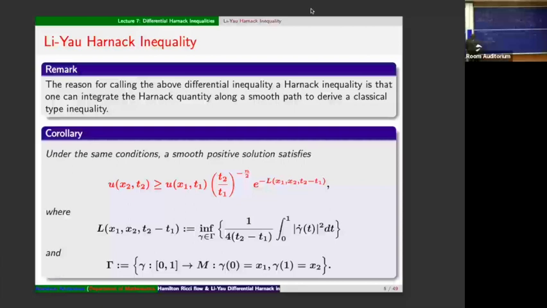So this is the fundamental heat kernel, the fundamental solution of the heat equation.